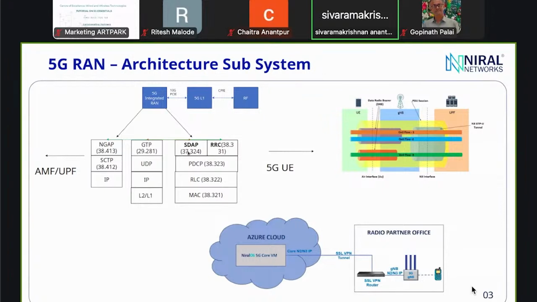Any traffic coming from the UE goes through a MAC layer, where packets are limited to a prescribed size so that communication with the lower L1 layer is facilitated.